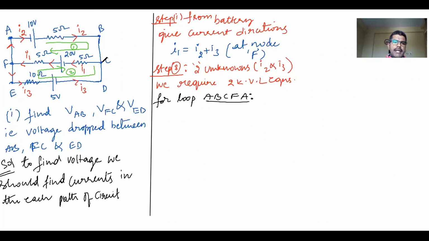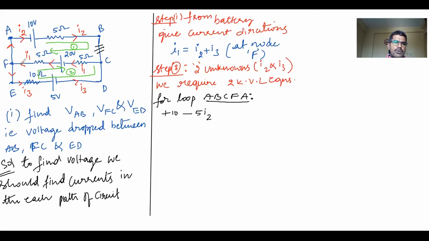For loop A, B, C, F, A, going to B, you are going through a battery of 10 volt. From negative terminal to positive terminal, it is plus 10 volt. And you are going in the same direction as the current in the 5 ohm resistor, so it is minus 5 I2. From B to C, there is no resistor or anything, so this is useless.